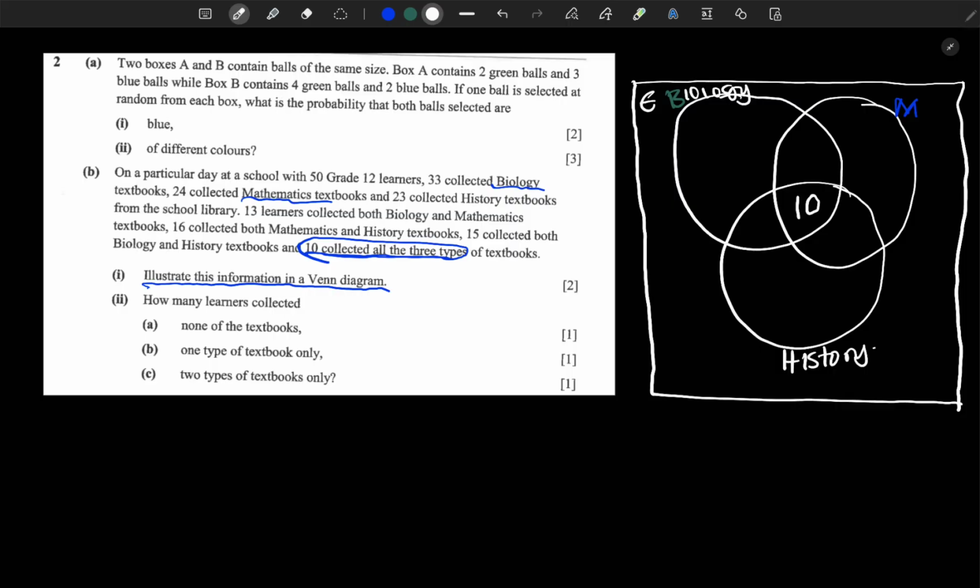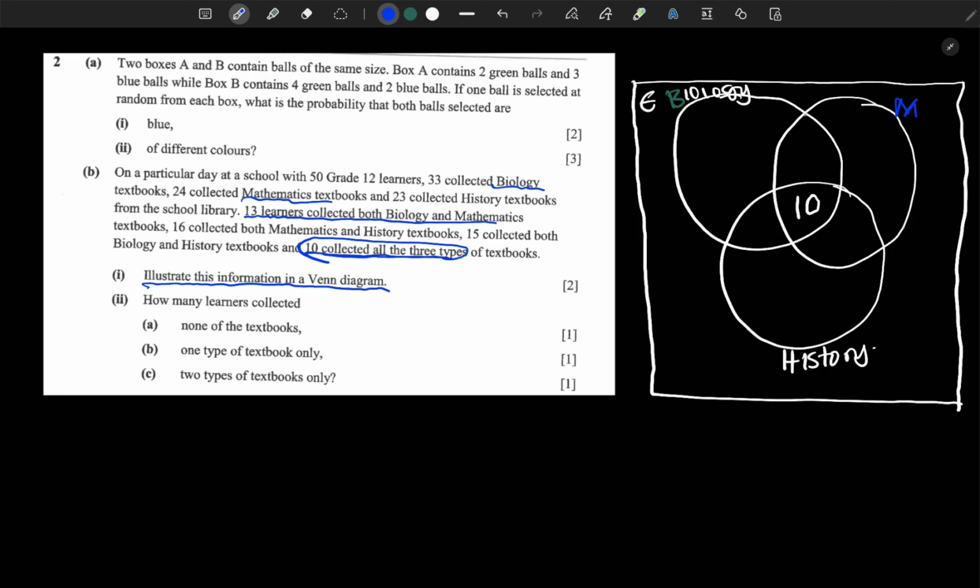Then after you are done with putting the intersection of the three sets, you need to go back to those that did two. The first one, we are told 13 collected both biology and mathematics.